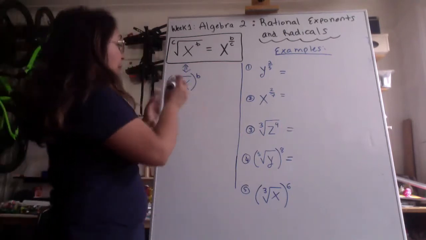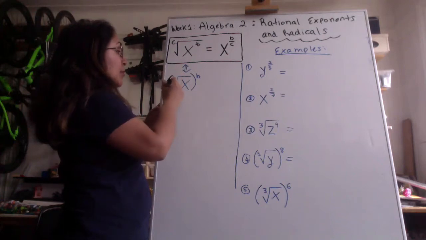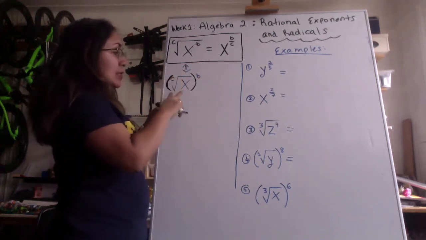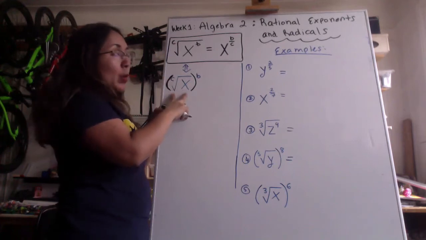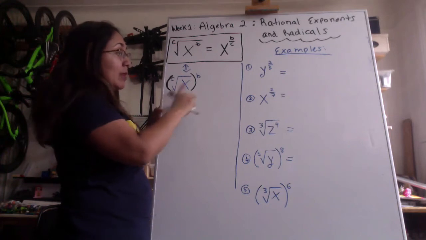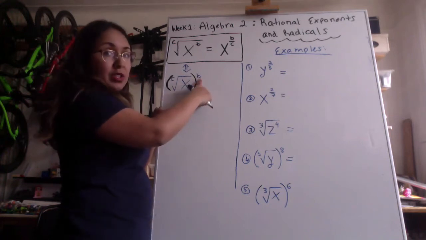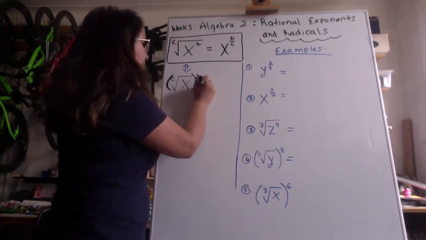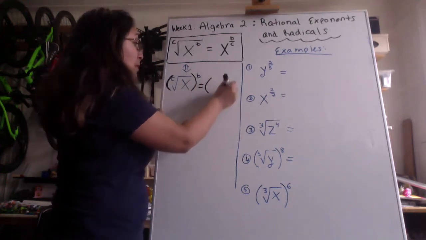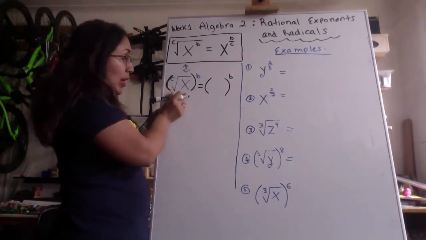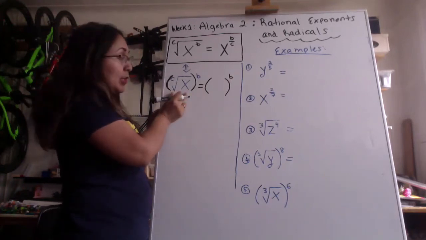Okay, but first we know PEMDAS. First we're going to look at what's inside the parentheses. So this radical expression, we're going to rewrite it as an exponential expression with rational exponents, and then we're going to look at the rules of exponents to see how the rest comes into play. So again, I'm going to leave the exponent outside alone, and I'm going to rewrite what's in the radical expression inside.